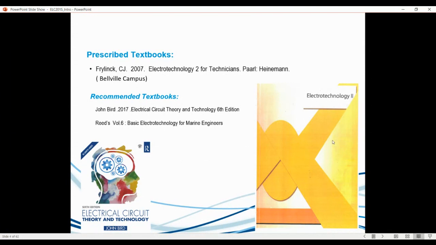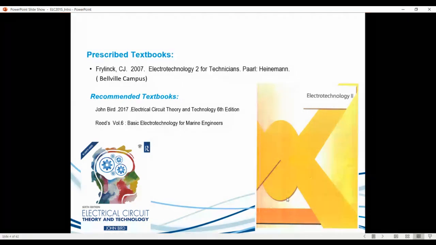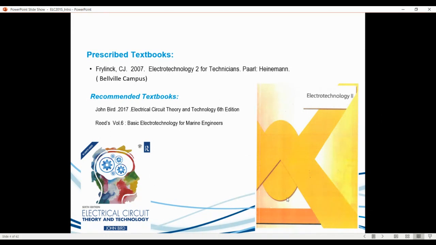We normally use it for Electrotechnology 2 anyway, but I'll use a lot from John Bird as well as Reed's Volume 6. These three books are what I use for a lot of examples. The prescribed textbook is the main one, and you can supplement with John Bird. Reed's has good examples as well.